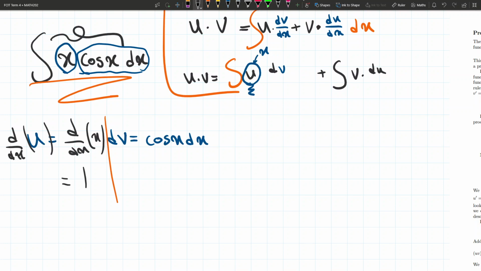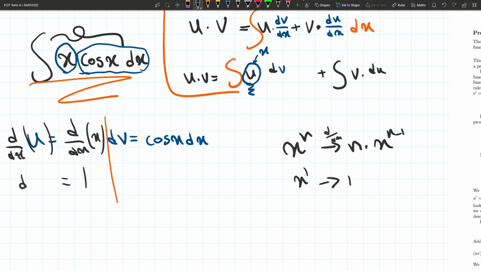From the formula that I just showed you, x to the power n turns into n times x to the power n minus 1. So x to the power 1 turns into 1 times x to the power 1 minus 1, which is x to the power 0, or just 1, because anything to the power 0 is 1. So it's just going to be 1.